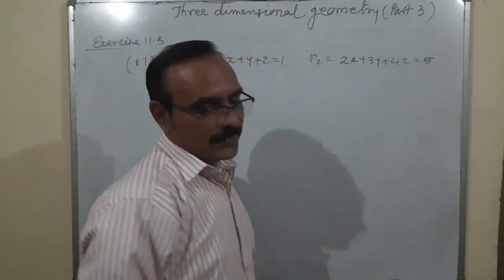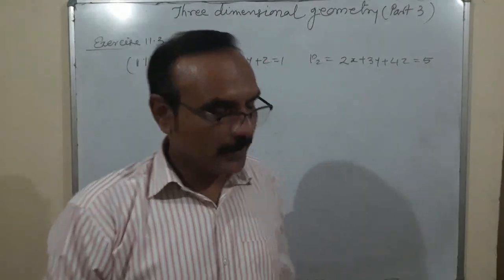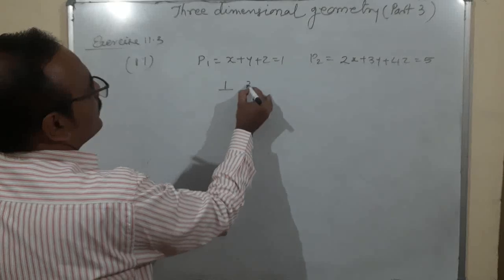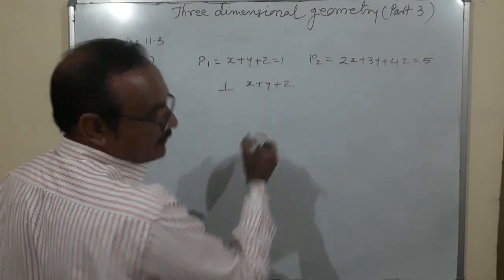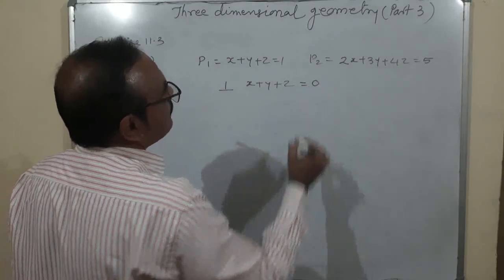We are going to find the equation of the plane which passes through the intersection of these two planes and is perpendicular to the plane x plus y plus z is equal to 0.